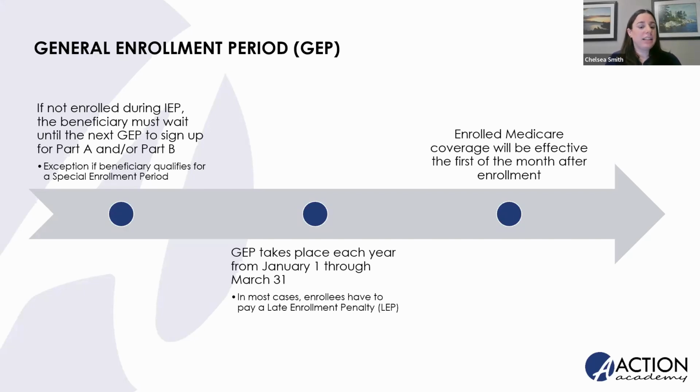You would enroll during that January 1st through March 31st if that person did not participate in their IEP. And then coverage will be effective, I'm sorry, I just said July 1st and I was incorrect there. The coverage will be available the first month after enrollment. I was incorrect. Scratch that July 1st thing. It was changed.